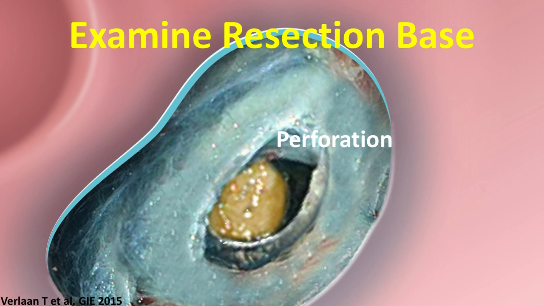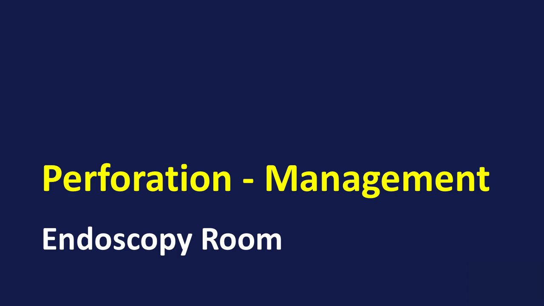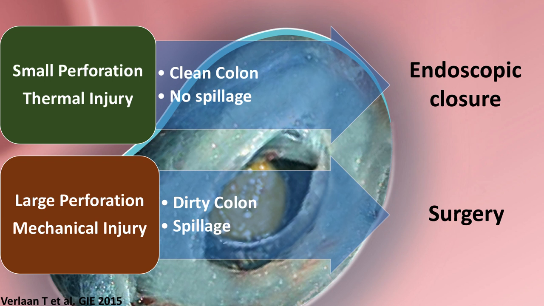And obviously, if there's a perforation, you have to be prepared to close that defect. So let's talk about perforation management. If you notice a perforation while you're doing the procedure in the endoscopy room, if the colon is clean and there's no spillage of content and it's a small perforation, you could close that with various modalities.